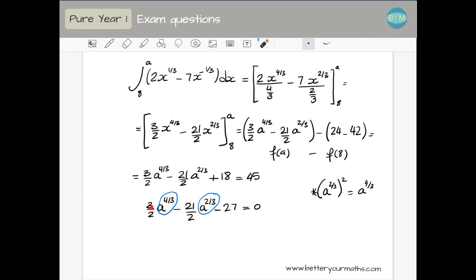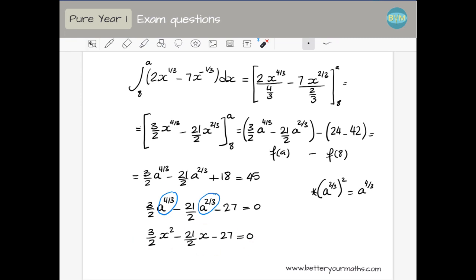So I can work with this as a quadratic. I can rewrite it as 3/2 x squared minus 21/2 x minus 27. You can change it to see it easier, but it's okay if you just leave it that way. I'm just showing you that you have a quadratic.